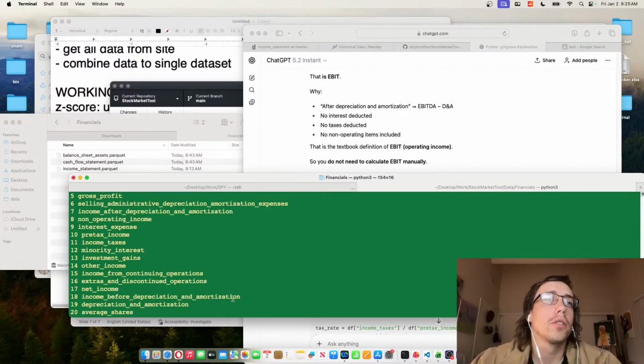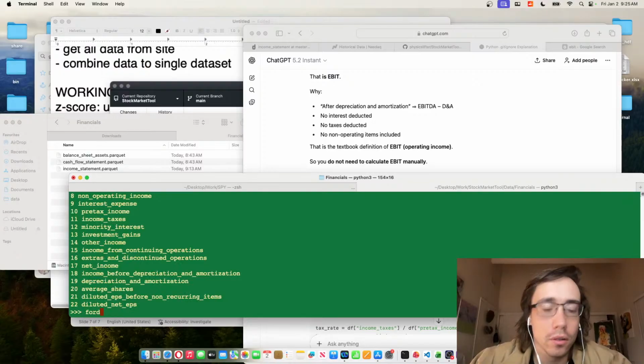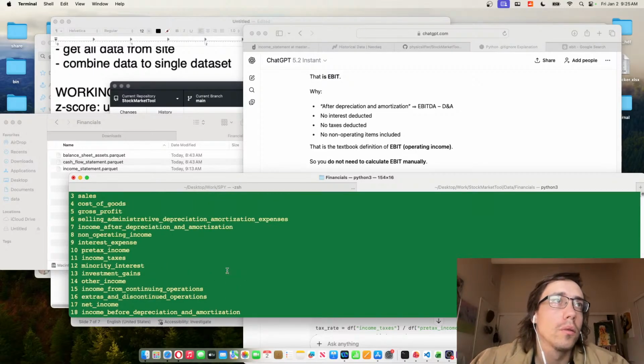Income after depreciation, so Ford of key for key in Ford dot keys. And which one do we want?